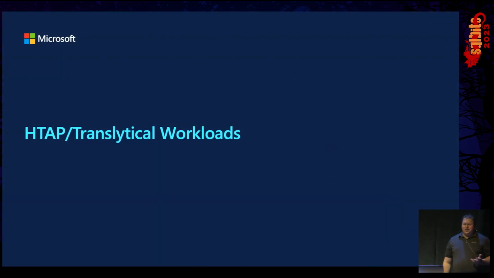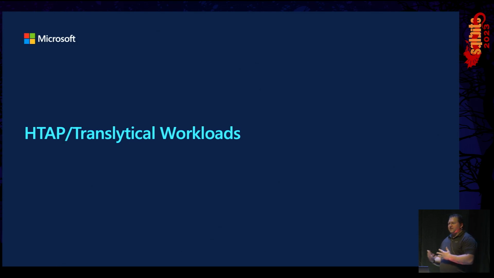So the first thing I want to talk about is the HTAP and Translytical workloads. What are these? What does this really mean? Well, Gartner coined the term HTAP, Forrester coined the term translytical. Originally, the HTAP definition was really tied to in-memory.